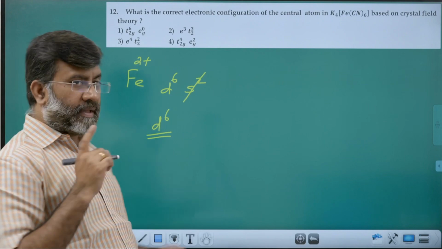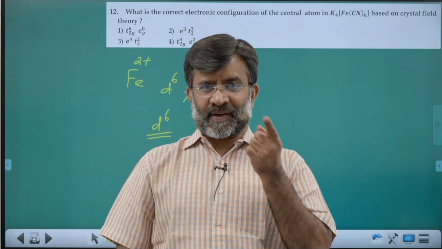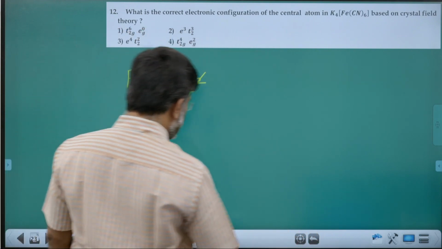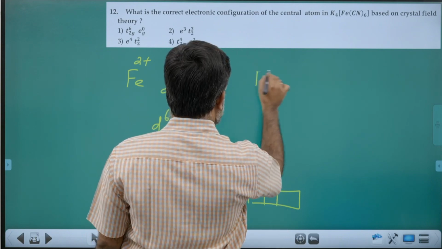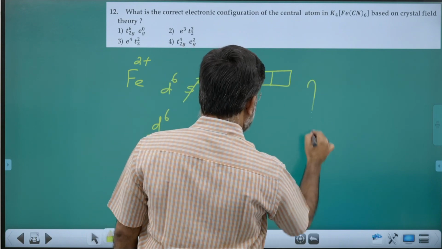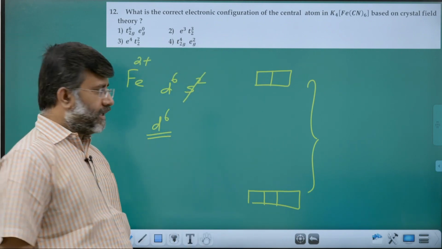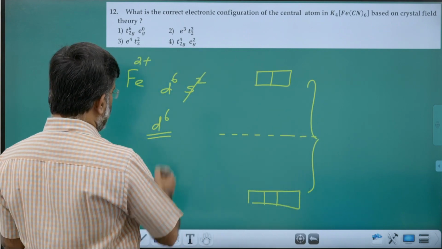And see the nature of the ligand. Ligand is a strong ligand. So what is the configuration? You see, T2G orbital and EG orbital will maintain a large energy difference, a large barrier. And we have 6 electrons.